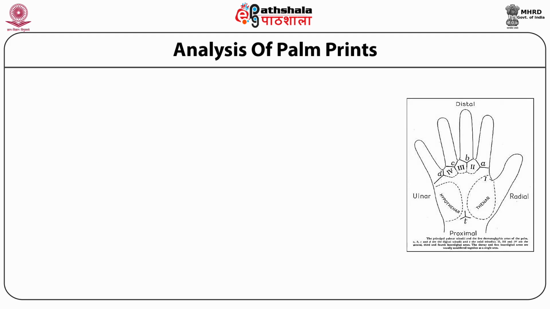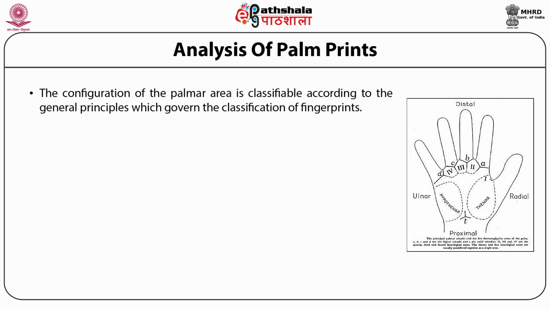Now I'll tell you the different characteristic features of palm print which can be used in the analysis of palm prints. The configuration of the palmar area is classifiable according to the general principles which govern the classification of fingerprints.